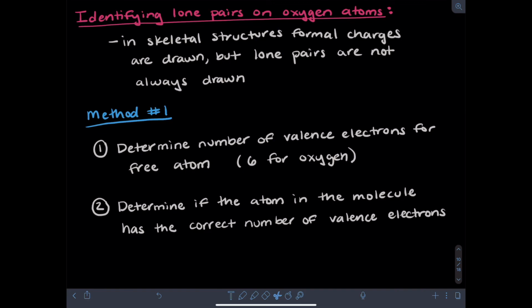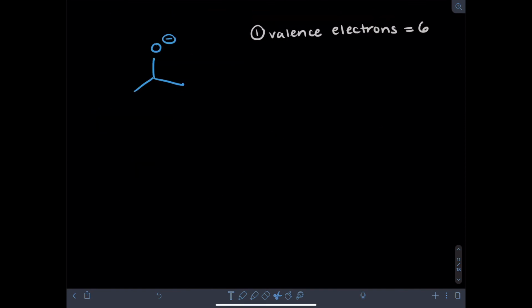If the oxygen in your molecule doesn't have 6 electrons around it, then it's going to have a charge. So let's look at this following molecule, where I have an oxygen with a negative charge, which is attached to a carbon, and that carbon is attached to 2 other carbons. And let's focus specifically on the oxygen with the negative charge.